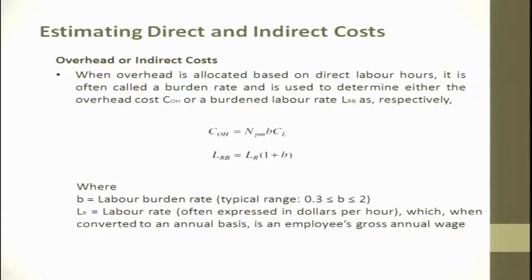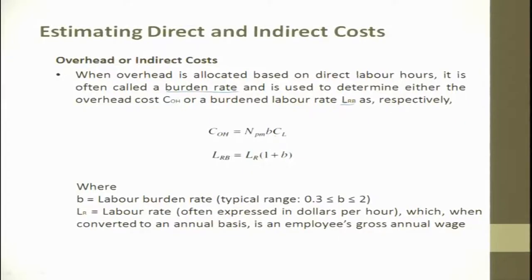When overhead is allocated based on the direct labor cost, it is often called the burden rate and is used to determine either the overhead cost COH or the burdened labor rate LRB, where COH is equal to N times B times CL, and LRB is nothing but the burdened rate.